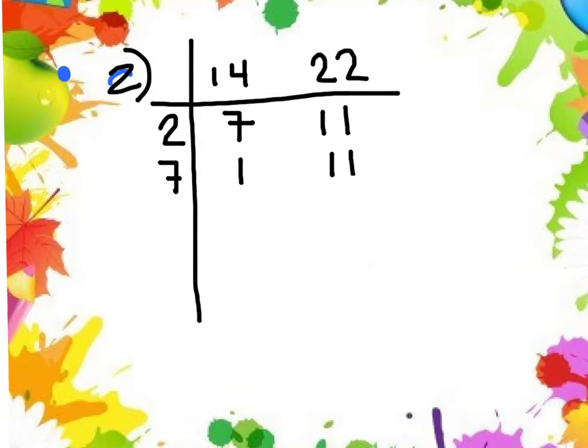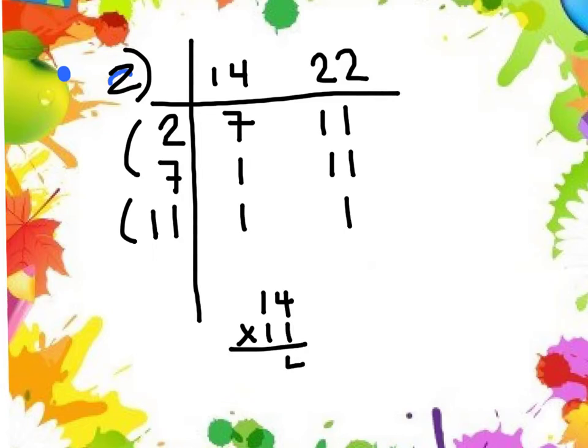We get down to 11, and the next number we put here is 11. We say 11 divided by 11 is 1. So we multiply 14 times 11, it's 154.